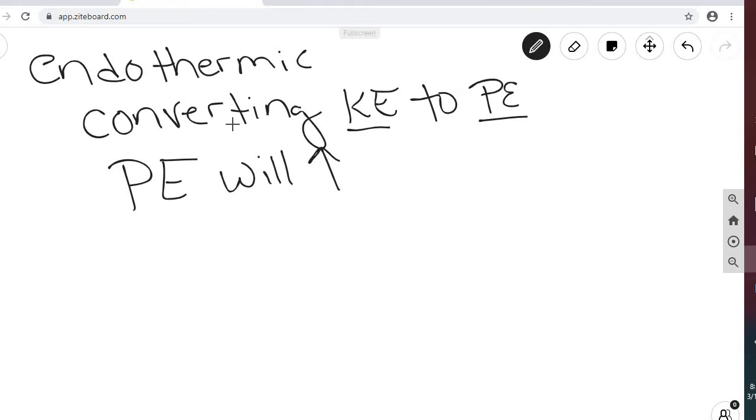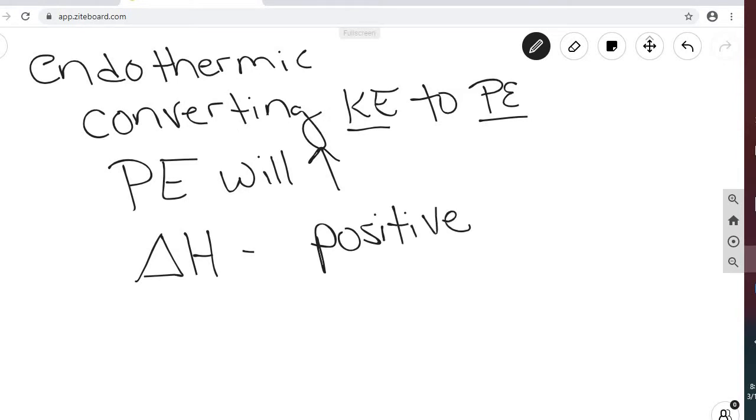Therefore, delta H, the change in enthalpy, is positive. The way that you can tell whether a reaction is exothermic or endothermic is to look at delta H. If it's positive, it's an endothermic reaction.